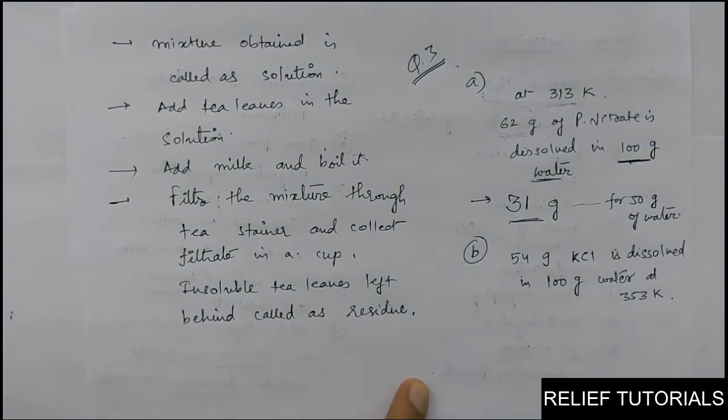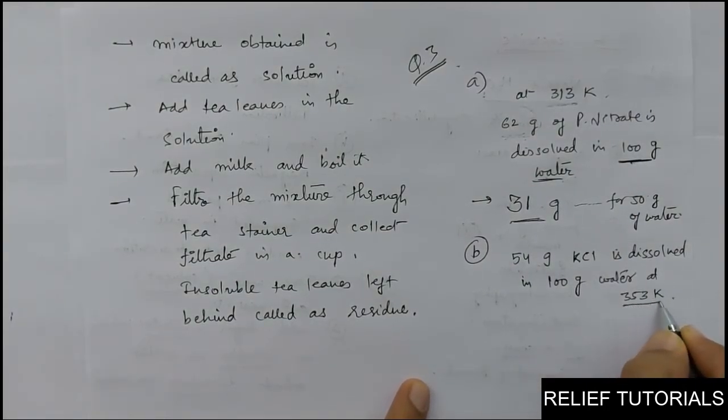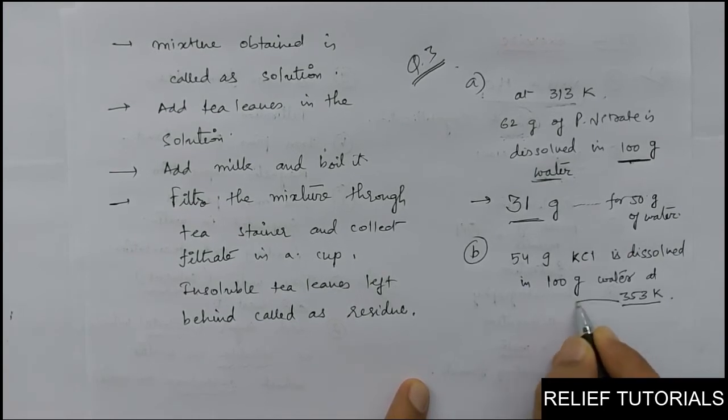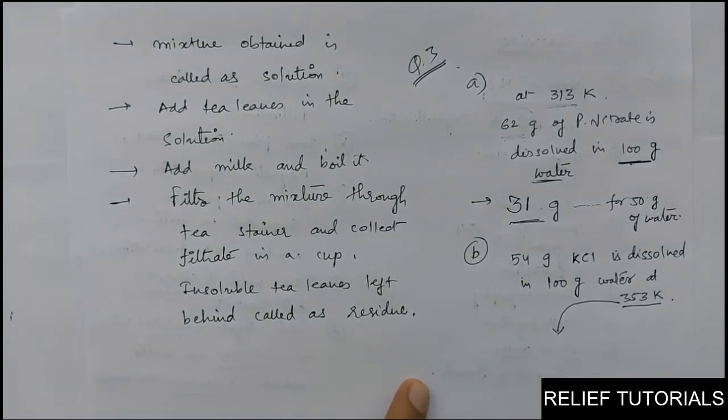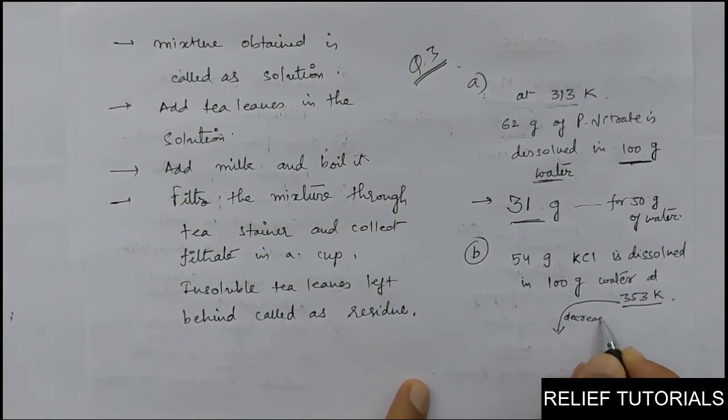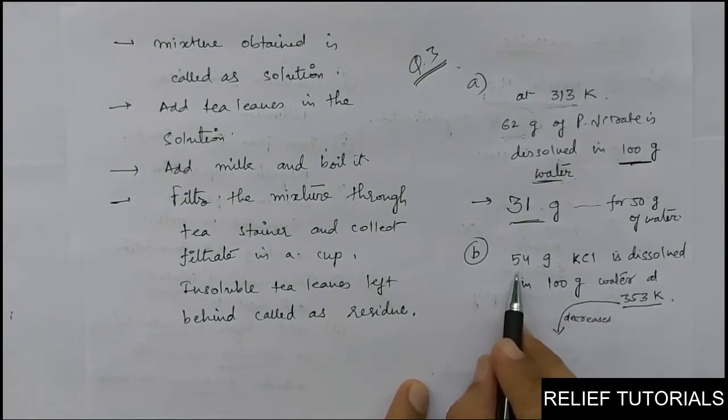Now the question is, what would she observe as the solution cools? The temperature is 353 Kelvin right now. If the temperature decreases, the amount of solute which is dissolved in the solution also decreases.